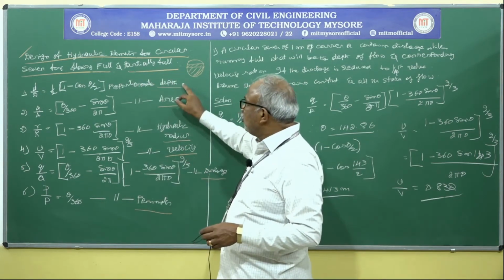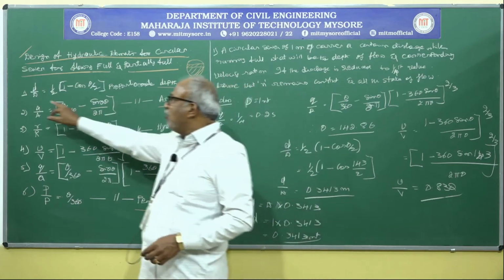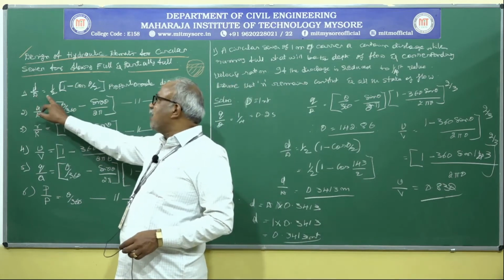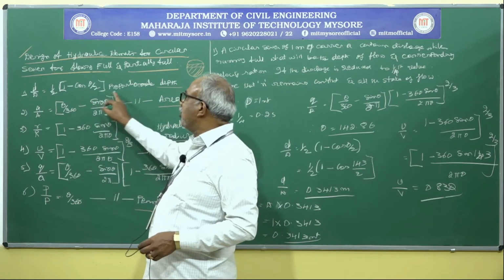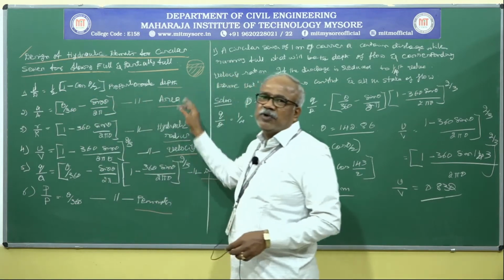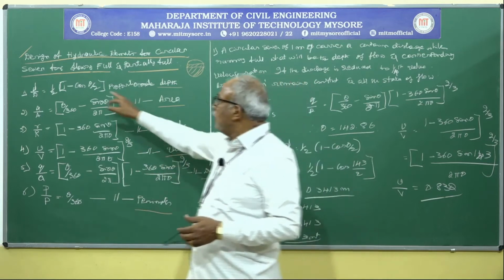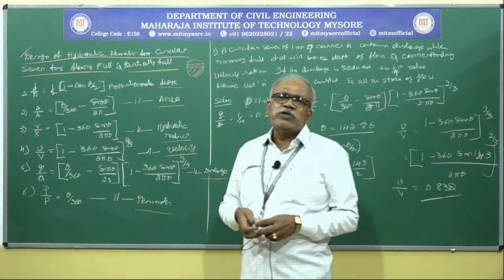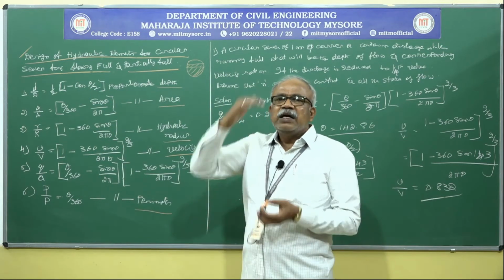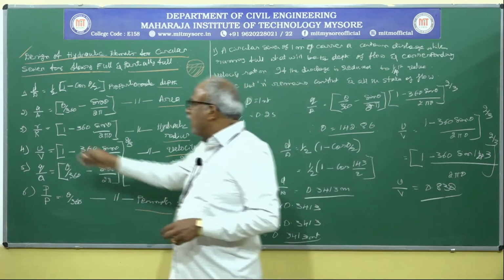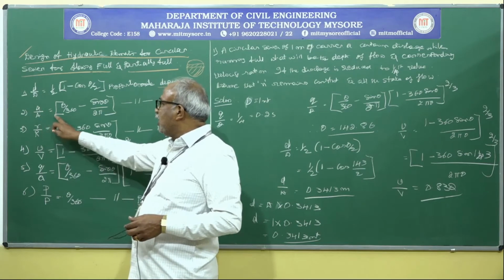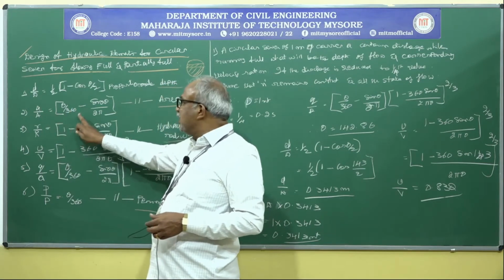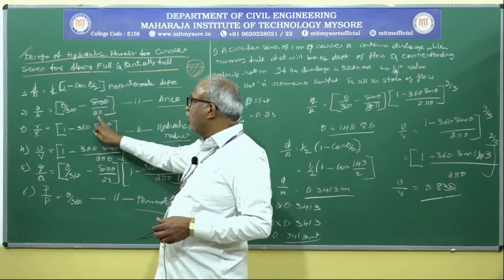So if you want to calculate the depth, we have to use this equation: small d by capital D equals half into (1 minus cos theta by 2), that is proportionate depth. Using this equation we can calculate the depth of flow. Next, for the area: small a by capital A equals theta by 360 minus sin theta by 2 pi.